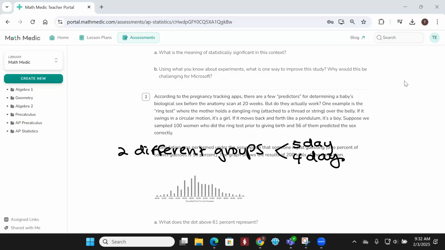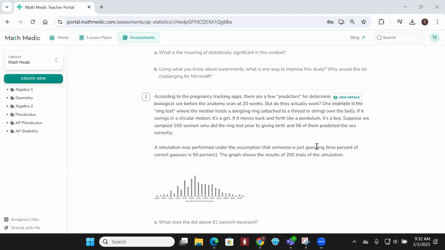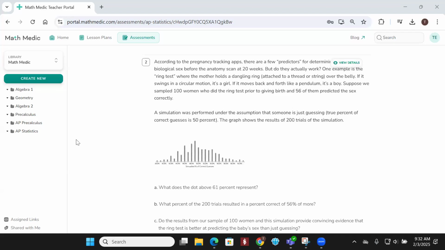Suppose we sampled 100 women who did the ring test prior to giving birth, and 56 of them predicted the sex correctly. Okay, so first of all, how many predicted it correctly? What's our proportion here? 56 divided by 100, which is 56% or 0.56.